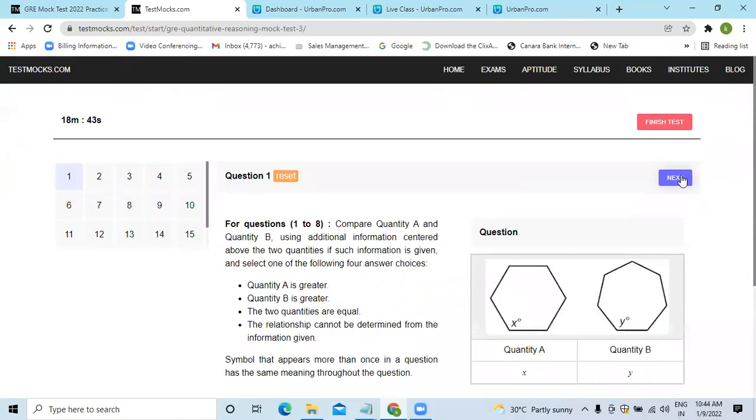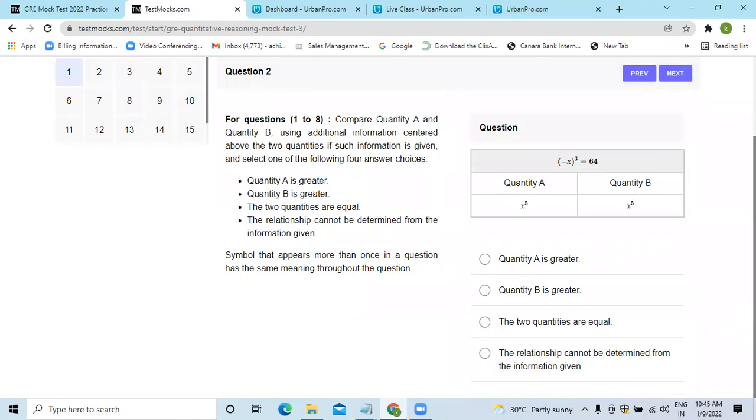Yeah, because you don't know if they're the quantities.